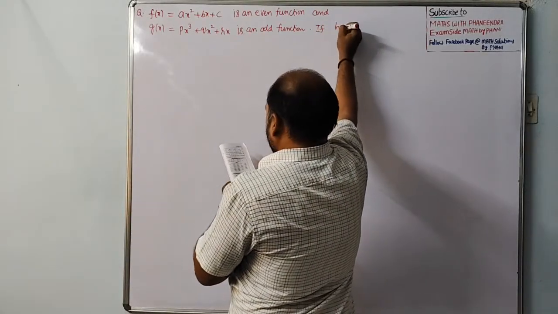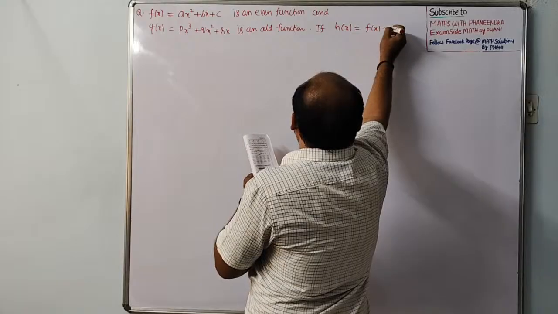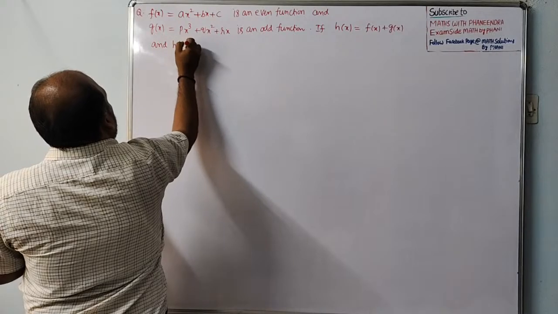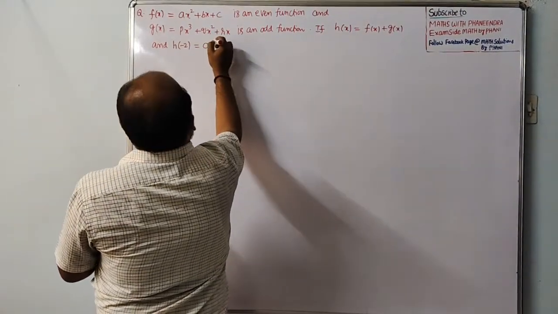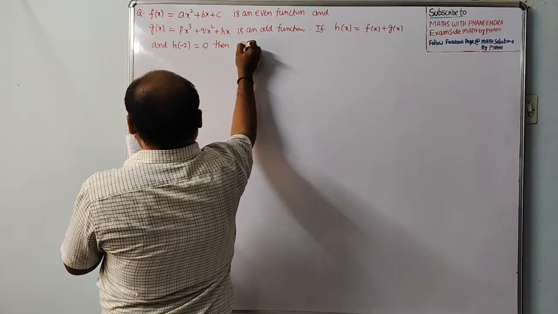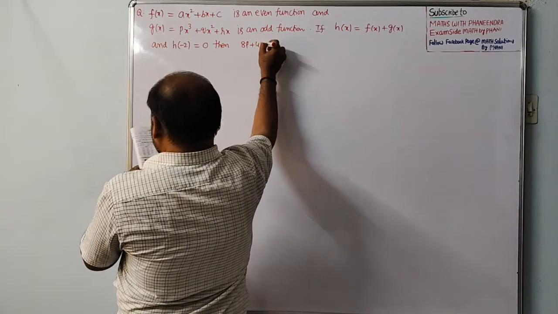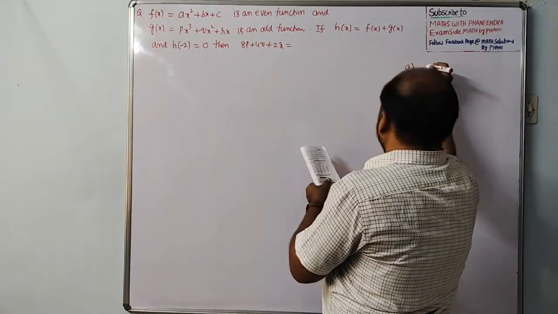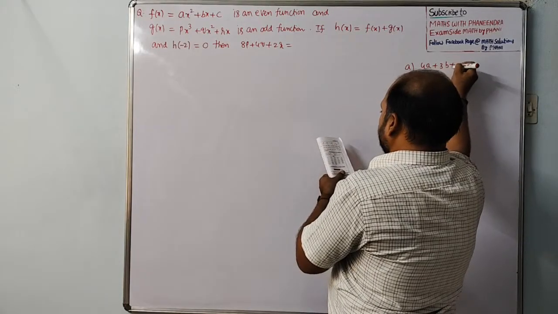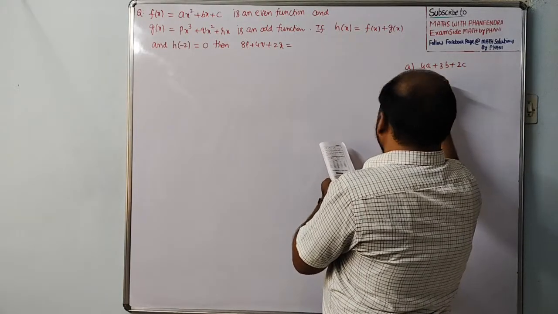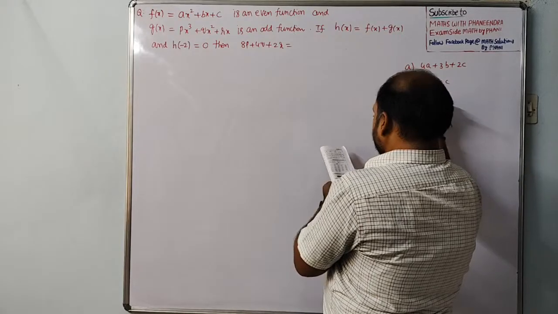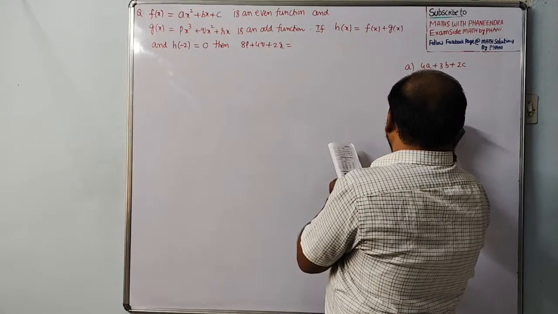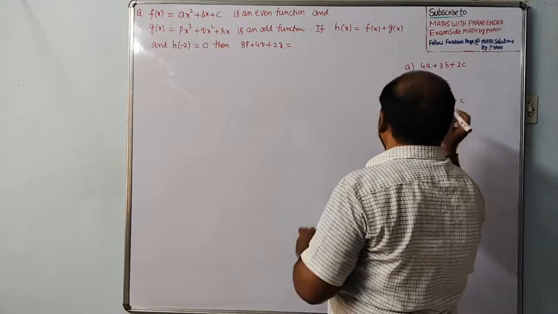If h of x equal to f of x plus g of x and h of minus 2 is equal to 0, then 8p plus 4q plus 2r equal to? First option 4a plus 3b plus 2c, second option a plus b plus c, third option 4a plus 2b plus c, fourth option 8a plus 4b plus 2c.